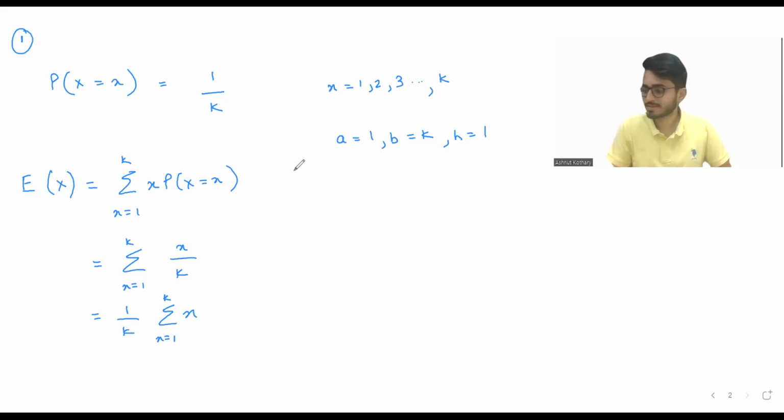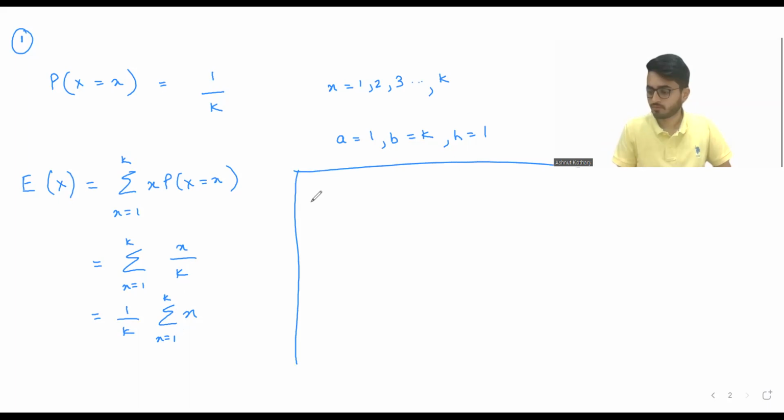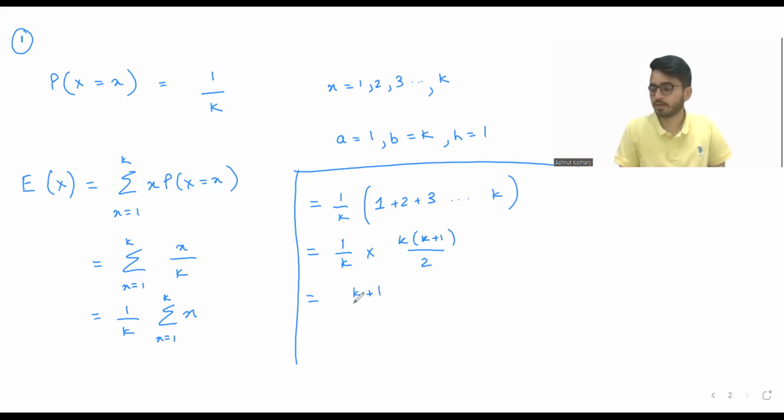If you want to expand it, this will be 1 by k times 1 plus 2 plus 3 so on till k. Now if you recall, the summation of the first k natural numbers is k into k plus 1 by 2. So this will be k into k plus 1 by 2, and what we are left with is k plus 1 by 2.